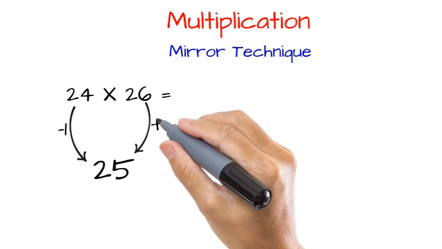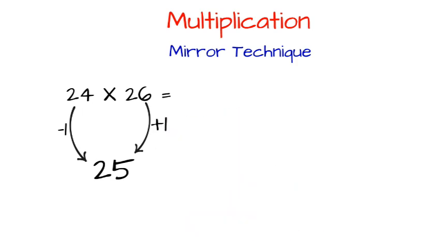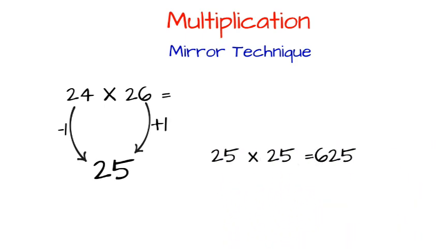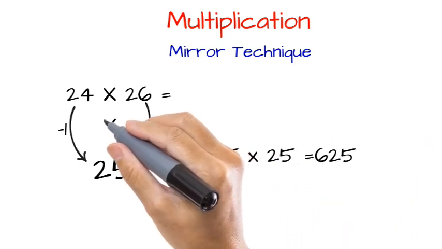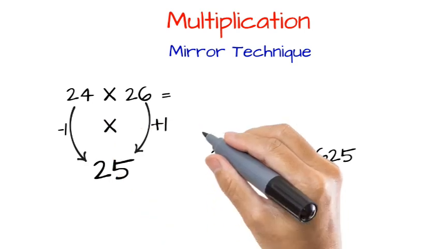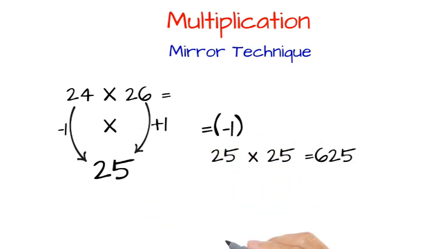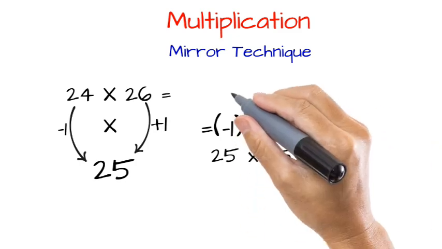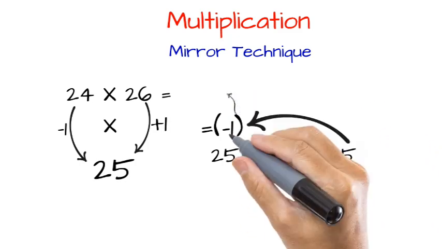Then we have to square 25, which is the mirror, so the answer is 625, and then we multiply both the differences, minus 1 into plus 1, so the answer is minus 1. Then we add both numbers, 625 minus 1 is equal to 624.